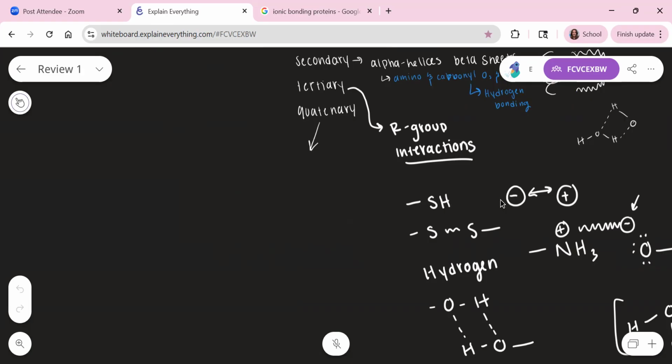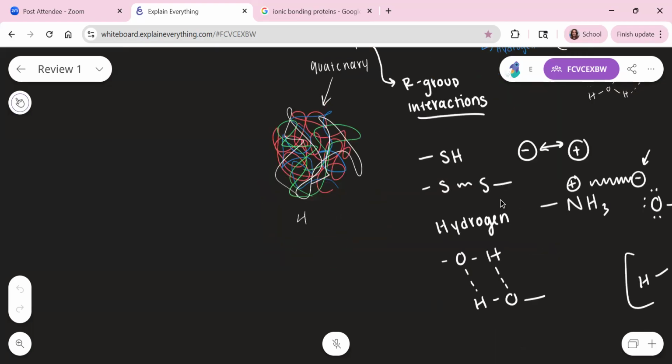Say this is what my protein looks like, which is quite literally what they look like. And I can have another chain in here going like that, another one like this, or another one like this. So this would be four chains in a protein.